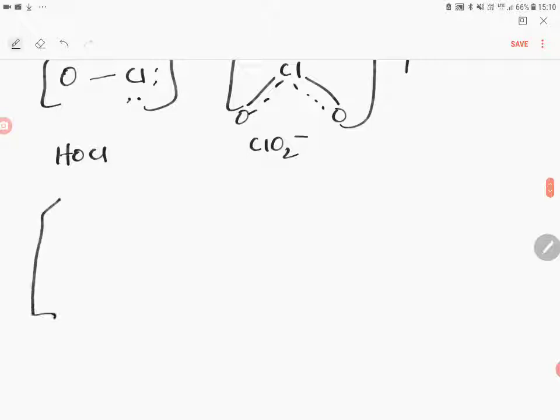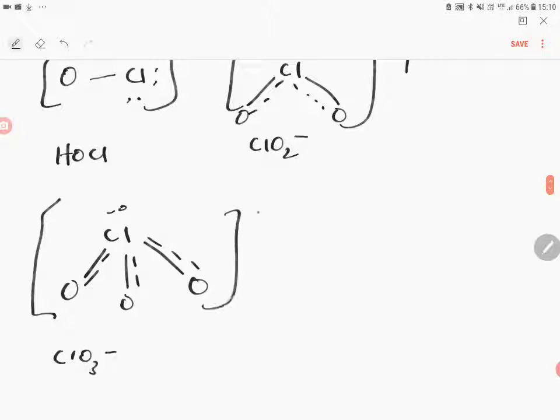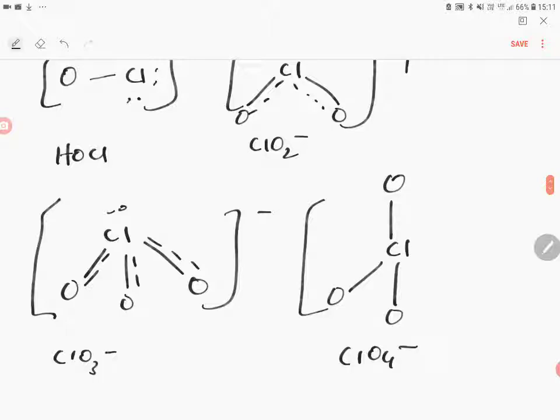Once again, if you have ClO3−, you can have more dispersal of negative charge, and finally ClO4−, like this.